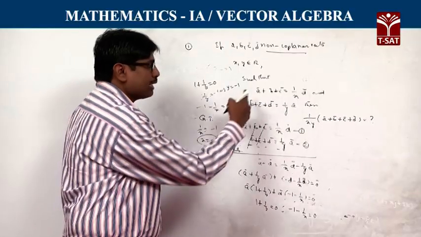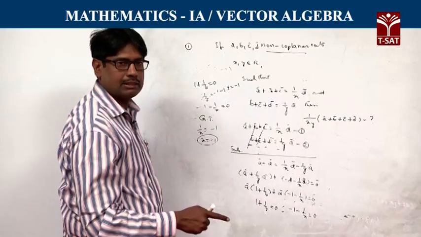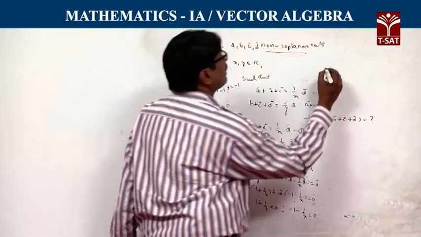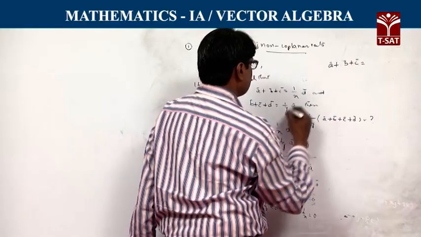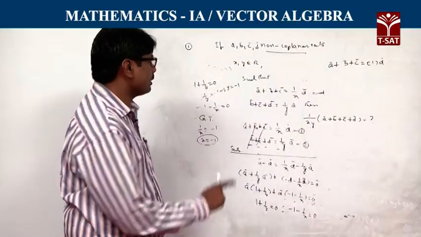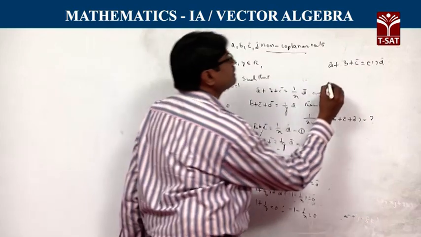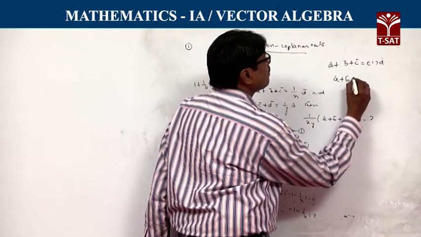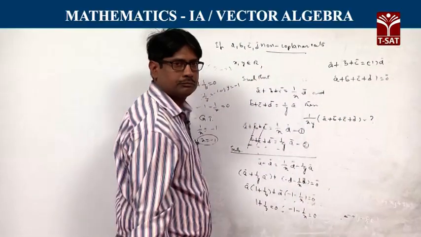Substituting x equal to minus 1 in the first relation, or substituting y equal to minus 1 in the second relation, we got that a bar plus b bar plus c bar is equal to minus 1 times d bar. So we got the resultant answer a bar plus b bar plus c bar plus d bar is equal to 0 bar.